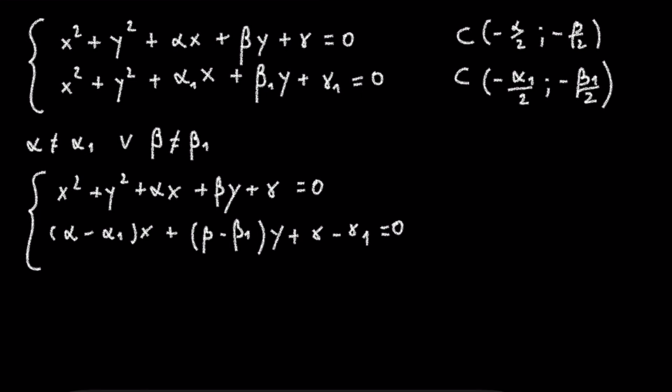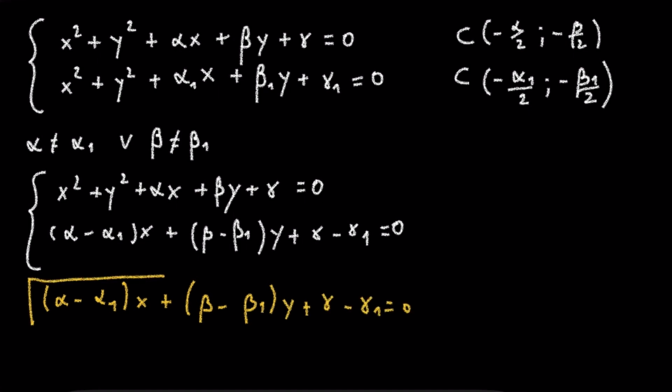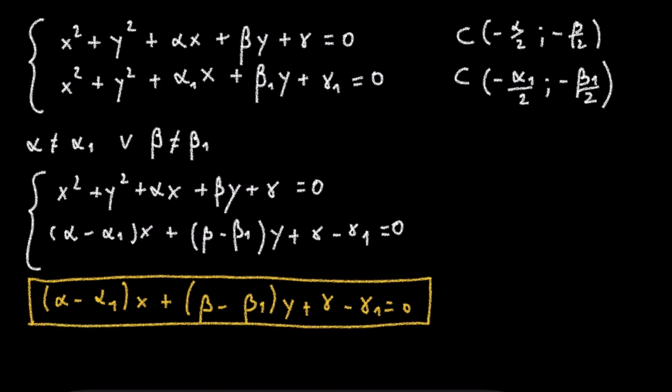This means that the possible intersection points of the two circles must satisfy the radical axis equation. The points of intersection between the two circles must lie on this line.